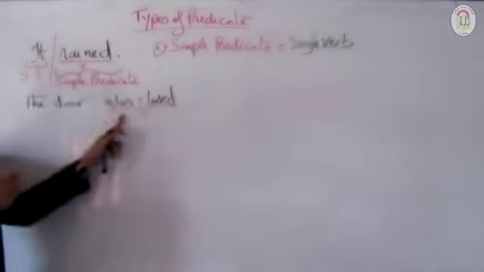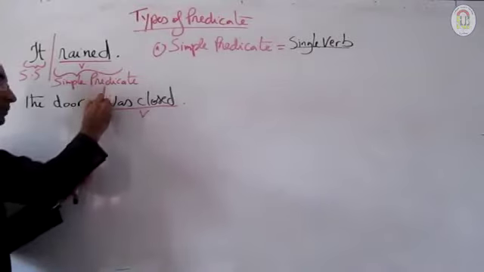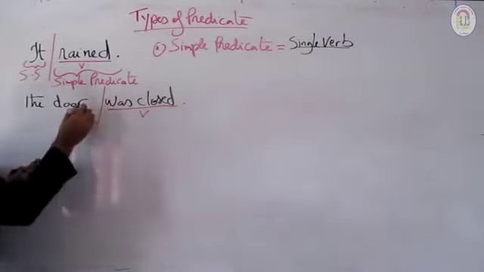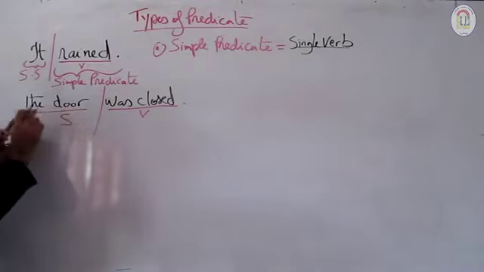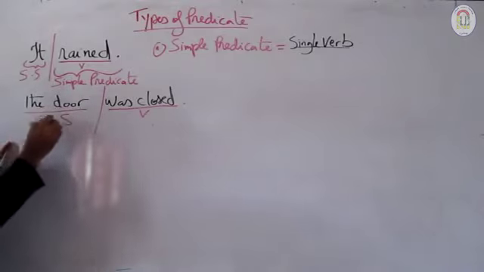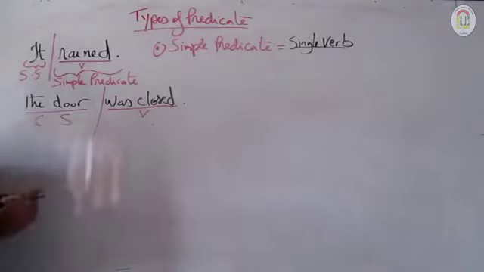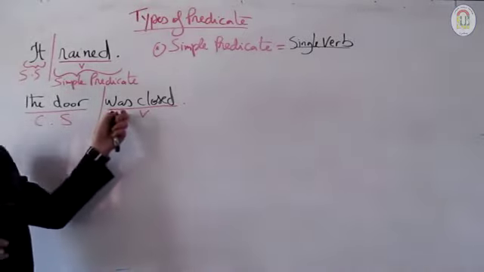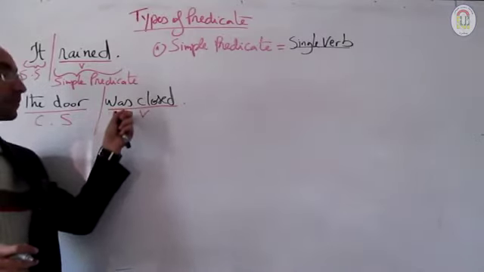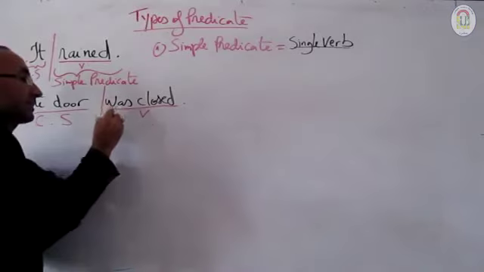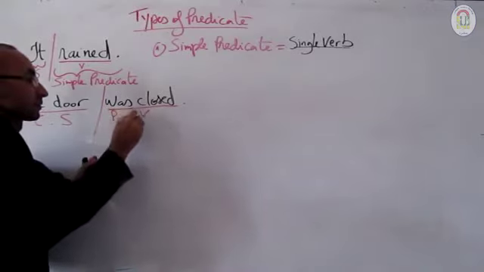The verb is was closed. Here is my verb, so I put my slash here to divide my predicate from my subject. My subject here, the door, is a complete subject. So, in which sense is this verb? It is in the past simple passive. Here it's a passive verb.